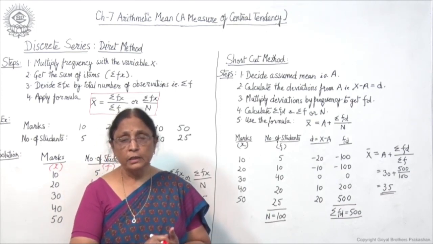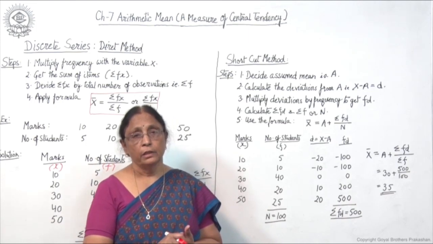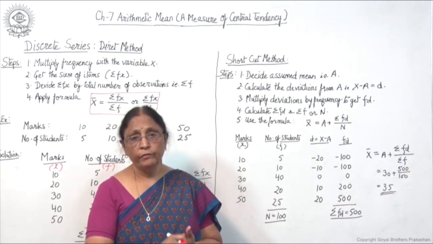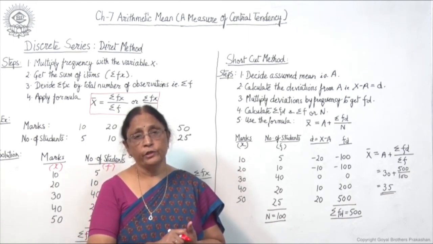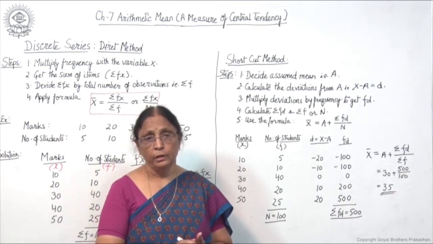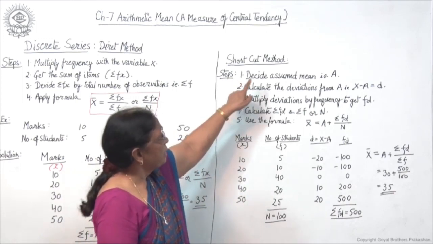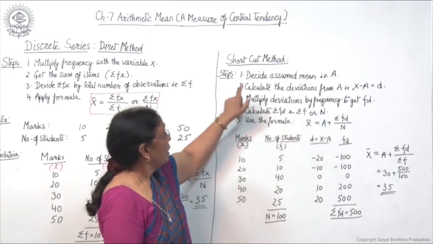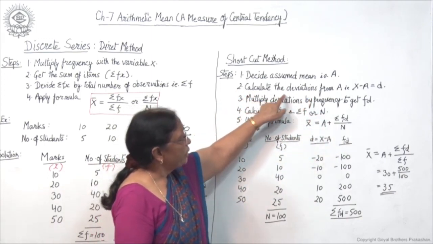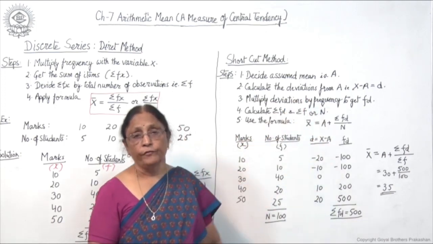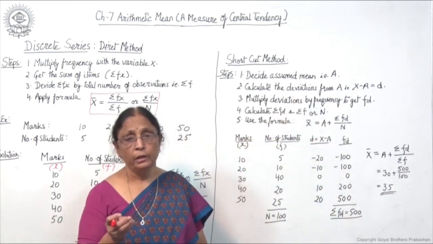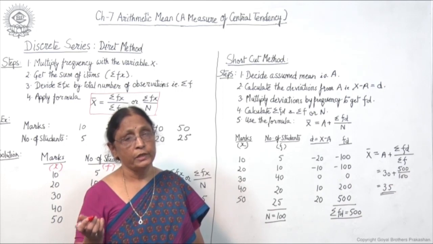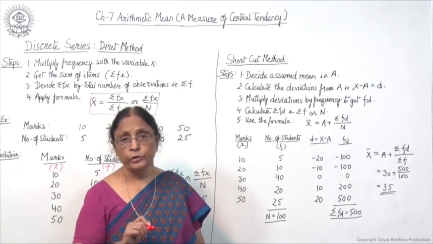Whenever you are applying the shortcut method, the first step is to assume a mean and name it as A. Second, calculate the deviation from the assumed mean. After assuming a certain mean, you have to take out the deviations, as we have done in the case of individual series.